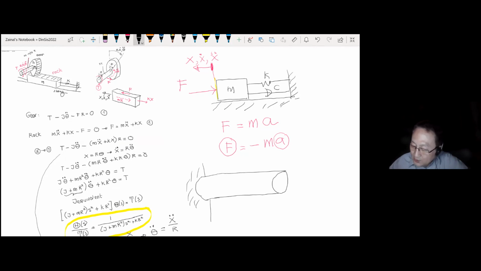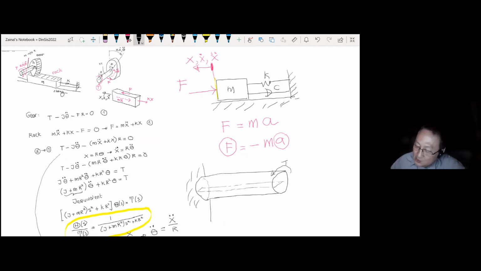Suppose the initial plane is there. So from here, the plane is something like this initially. When you apply torque, something like this is your torque.